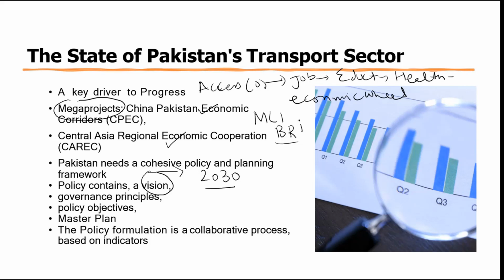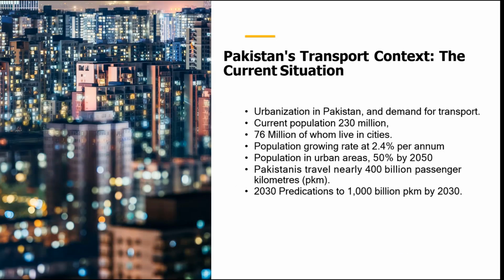Of course, governance of the principle and objective is also part of that specific policy. And of course, we will also formulate at the very broader level the collaborative process, which will be based on all those mentioned indicators.